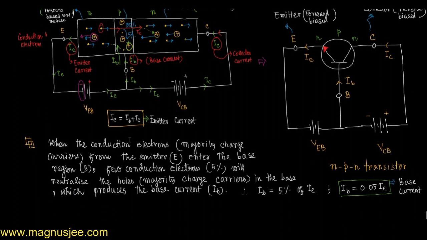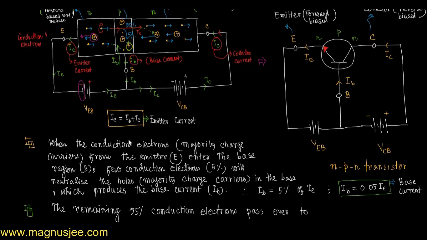Base current IB flows into the P-type base. Here, out of 100 conduction electrons, 95% of conduction electrons will migrate into the collector from the emitter through the base, and the remaining 5% will neutralize the holes of the P-type base.